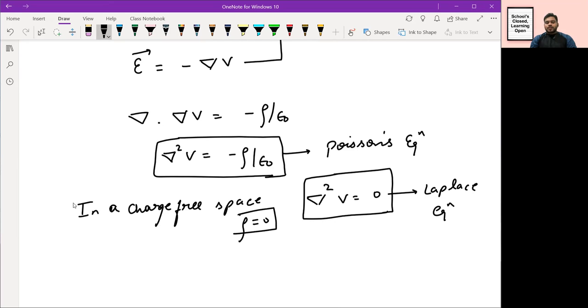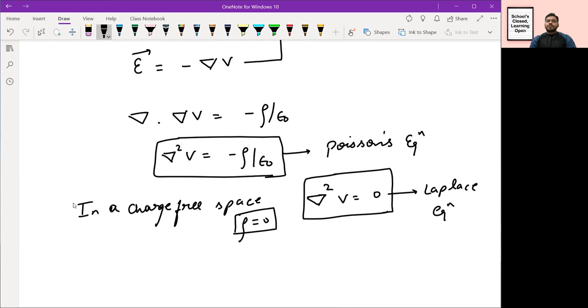Now, at first view, it might seem that del square V is equal to 0, Laplace equation, is not going to give us a lot of results. But the fact is, it's a very important equation and it is going to be used in many ways in electrodynamics, even in college, right? So del square V is minus rho by epsilon naught, that's Poisson equation, and del square V is 0 if we apply this equation in a charge-free space.